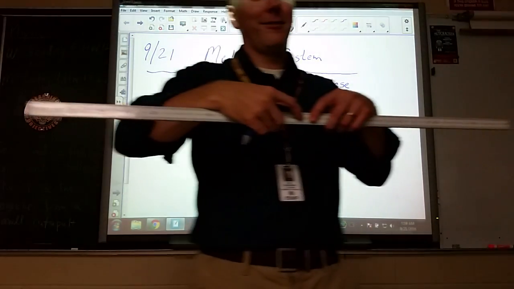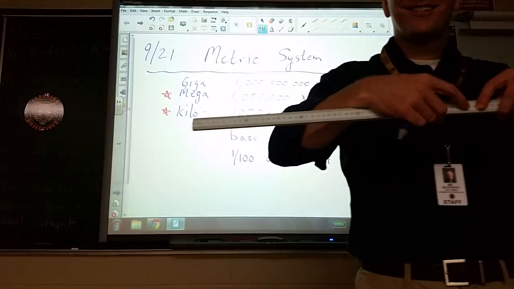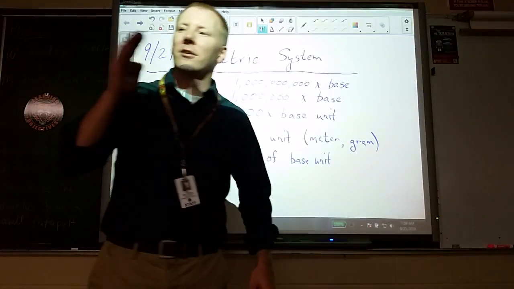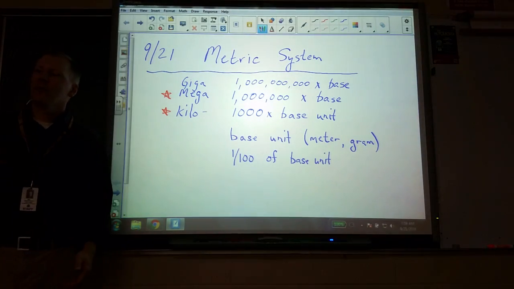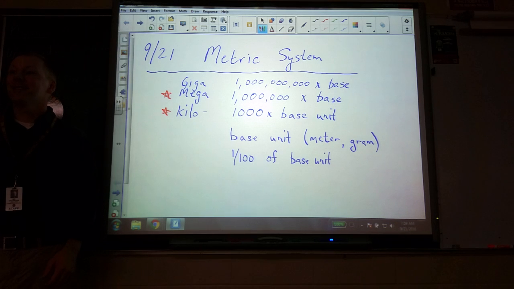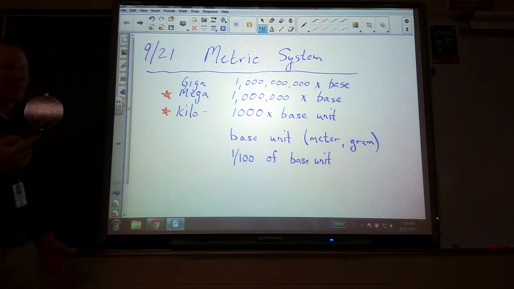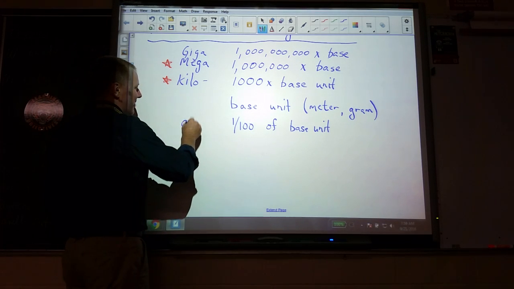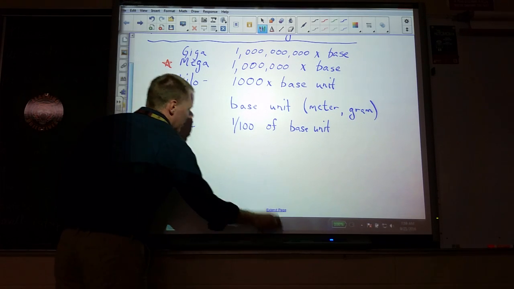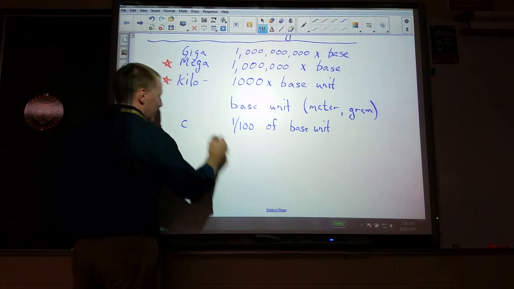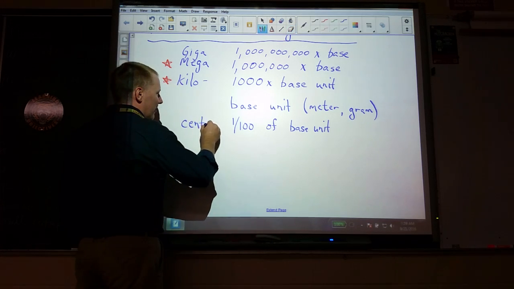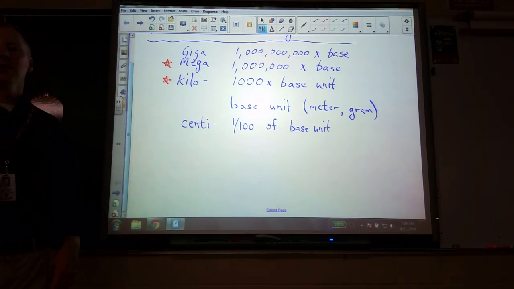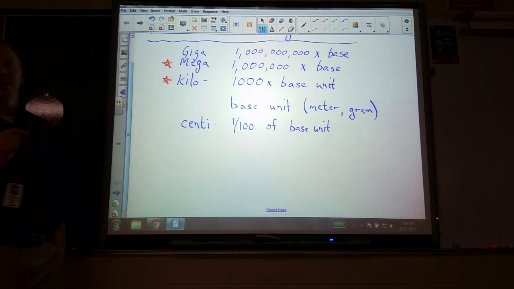Centimeter. Centi. If you have $1 and you chop it up into 100 equal pieces, what do you have? A cent. Same reason. It's a penny, yes, but it's 1 cent. So this is centi. So whenever you see a centimeter or a centigram, you'll know, oh, that's 1/100th, just like a cent is 1/100th of a dollar.